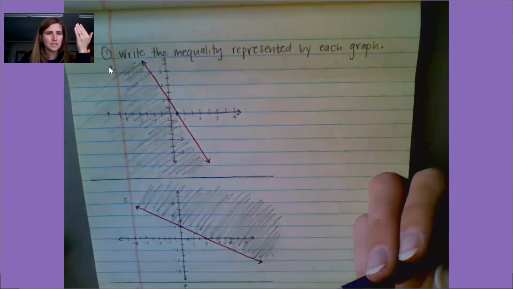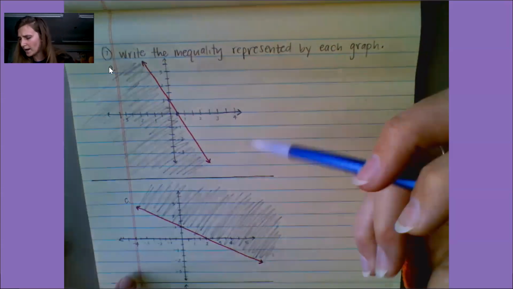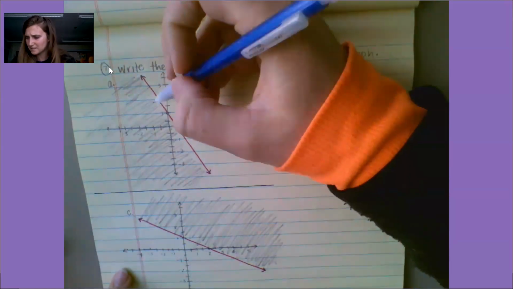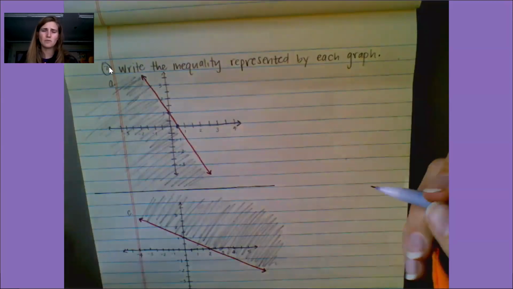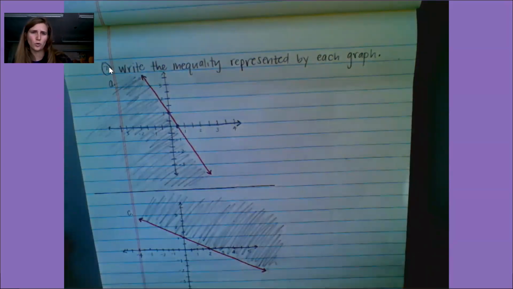So the same steps apply, where we first need to determine the boundary line, and then we need to test a couple points to see how we need to set up the inequality, which way. We can see this first line is a solid line, so we know it's definitely going to be less than or equal to or greater than or equal to.